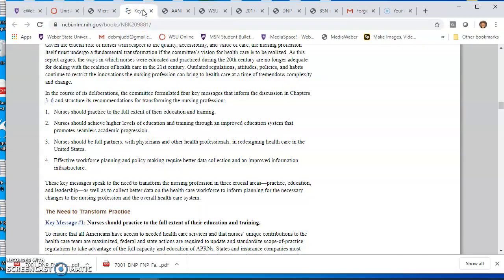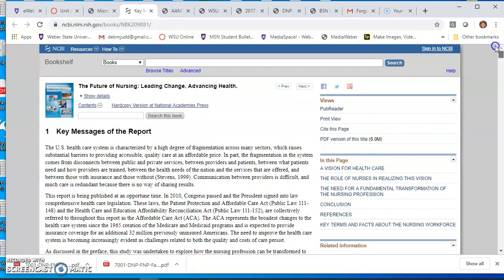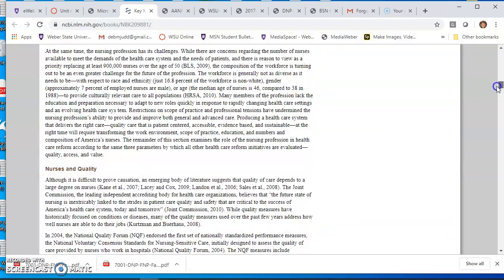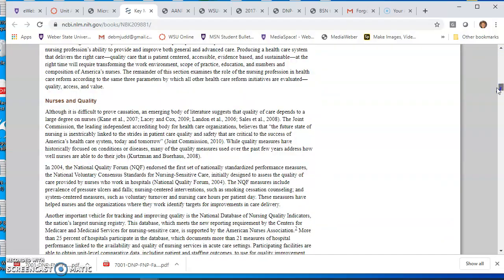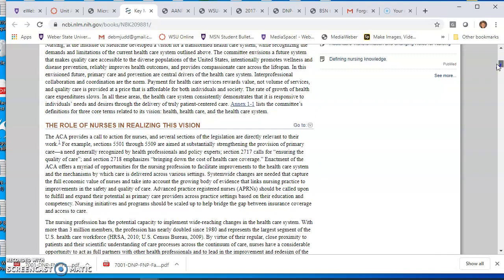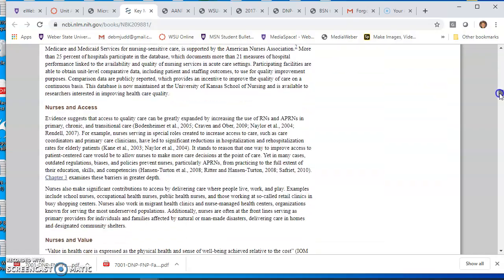So here is the Institute of Medicine link that I'll have you look at. It's about the future of nursing, leading change and advancing health. And in 2010, there was a report that came out that looked at how nurses could improve quality of care and help realize the future of healthcare in a more positive way.